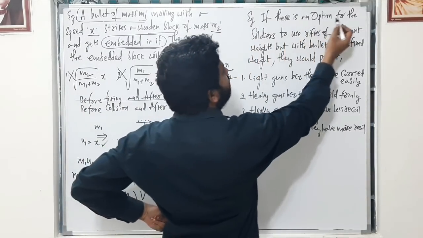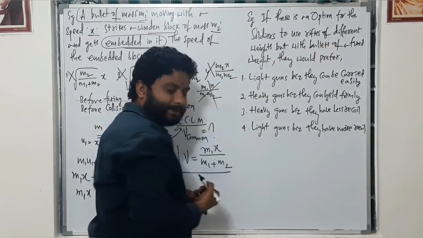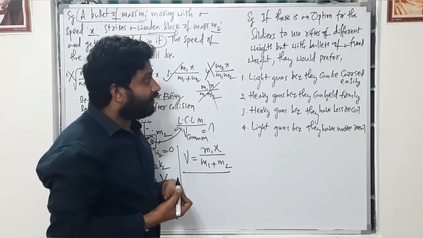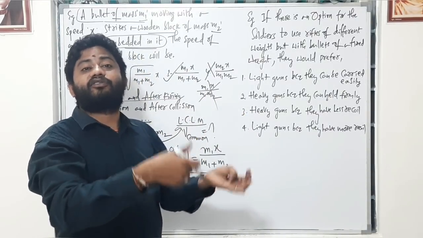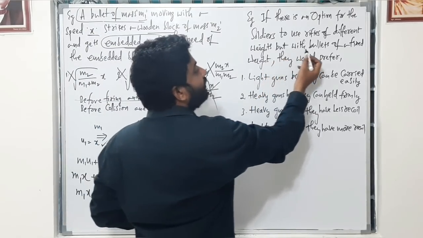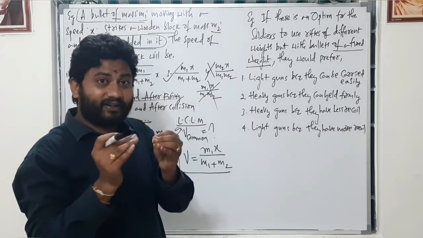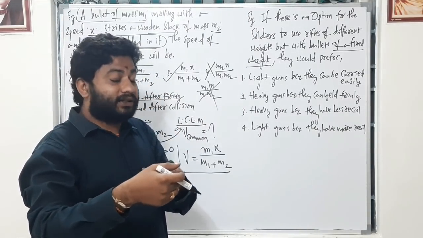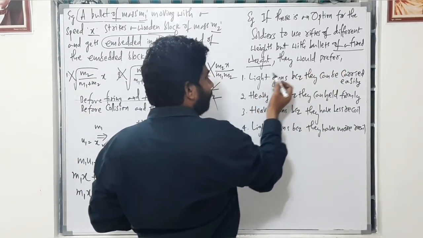If there is an option for the soldiers to choose rifles of different weights, but with bullets of fixed weight, the bullet weights are not changing, only the rifle weights are changing, different weights of rifles are available. What would they prefer?